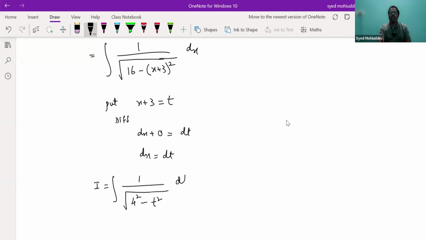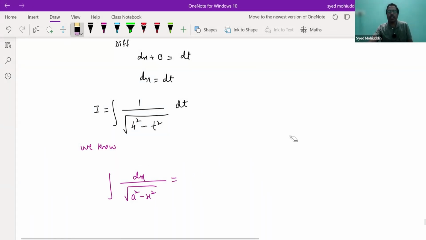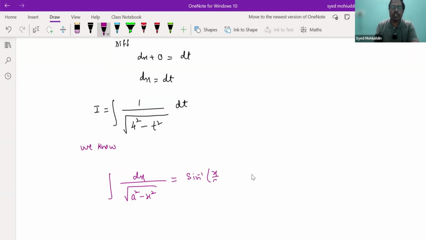Dx is dt. So now you can use this formula. You know this formula: the integral of dx by root of a² − x² is sine inverse of x by a plus the constant. I've already shown you this formula.